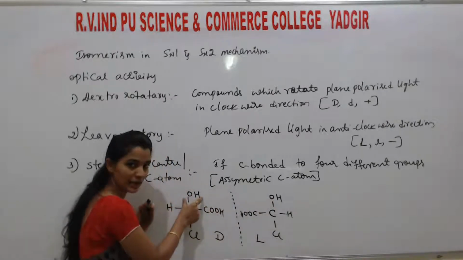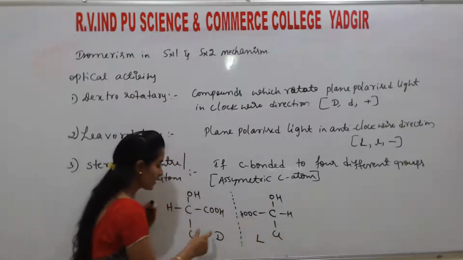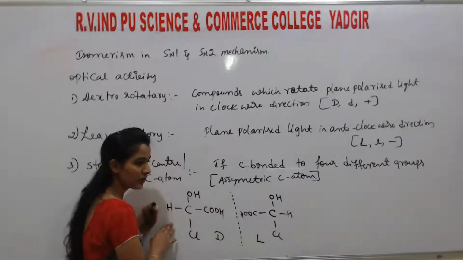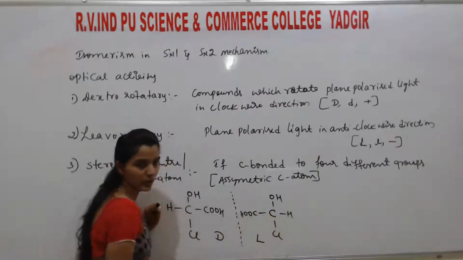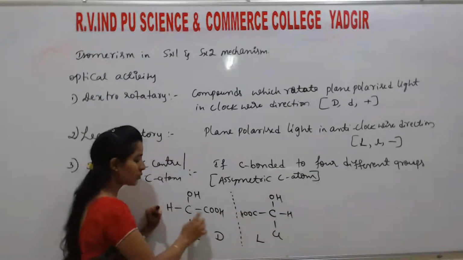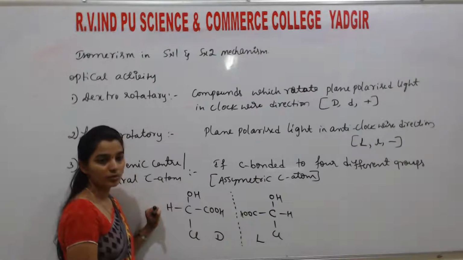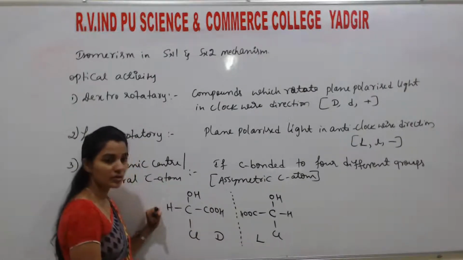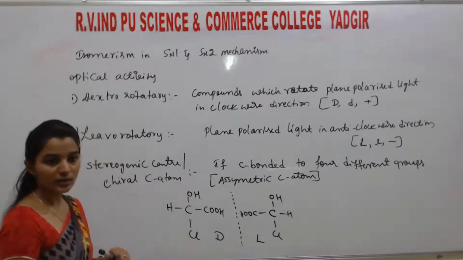OH is placed exactly above OH, Cl comes exactly above Cl. But above H, COOH will come, and above COOH, H will come. So these two may superimpose, but these two are non-superimposable. Understand? So the non-superimposable mirror images are called enantiomers.